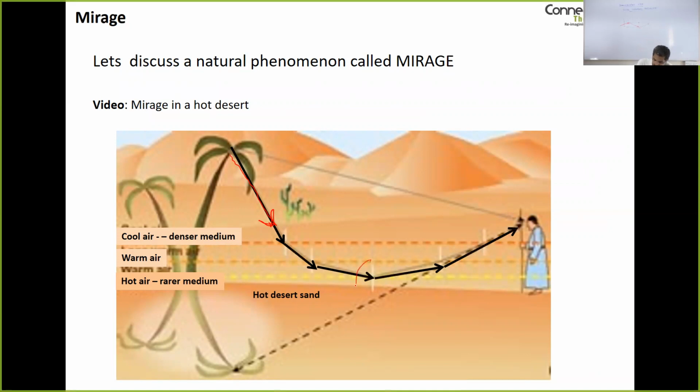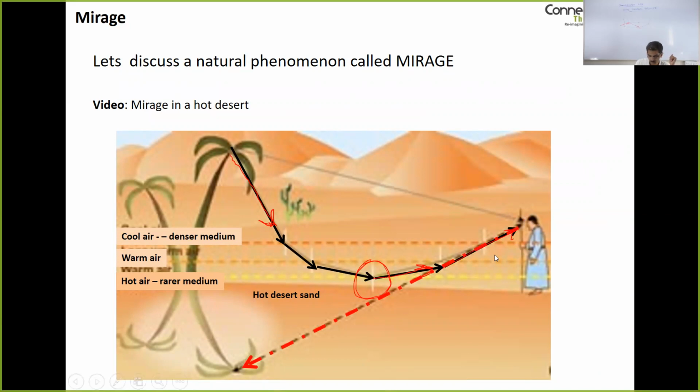And at this particular point, the angle of incidence is greater than the critical angle, and therefore there is reflection. And now it gets reflected, and this ray of light enters the man's eyes. So what the man sees looking down is a reflection of the tree here. It appears as if there is a tree here.